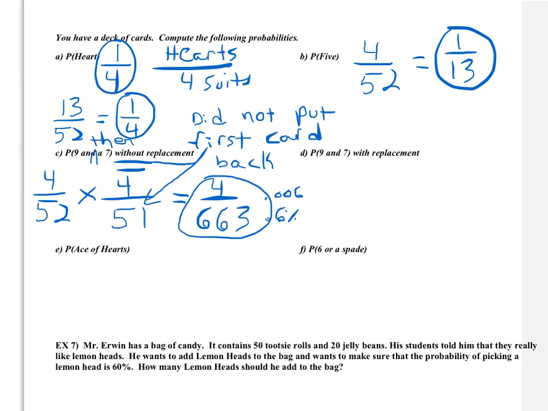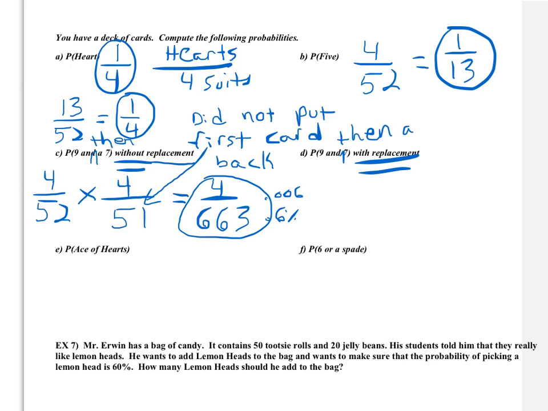Now, let's look at the next one. Probability of a 9, and again, let's add the words "and then," a 7, with replacement. So this one's a little bit different. With replacement, after we draw the first card, we are putting that first card back into the deck.